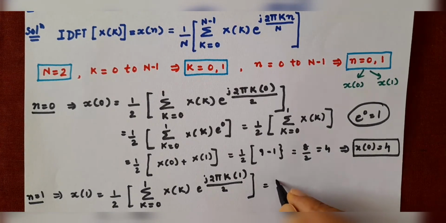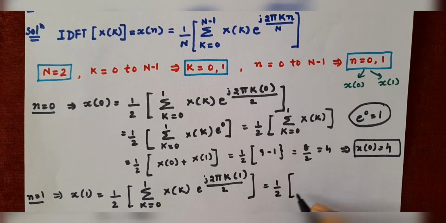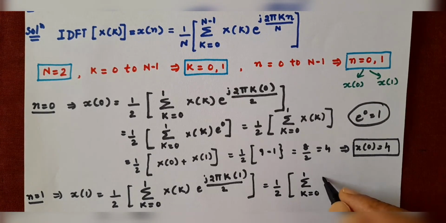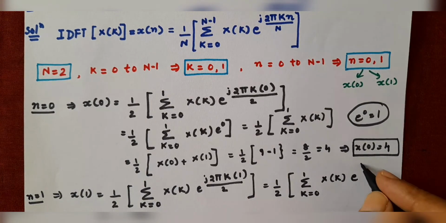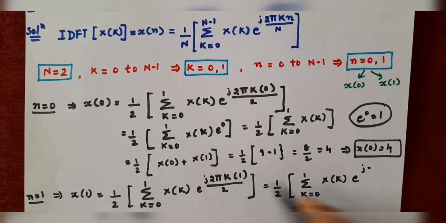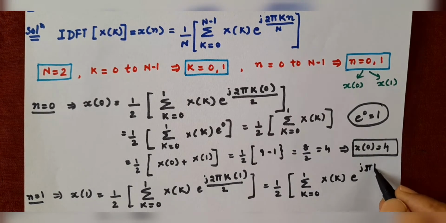So, it is coming to be 1 by 2 summation k is equal to 0 to 1 capital X of k e to the power of j, 2 gets cancelled, so it will be j pi k.